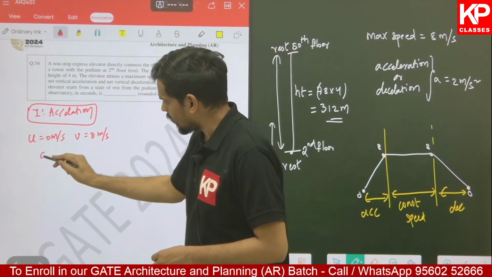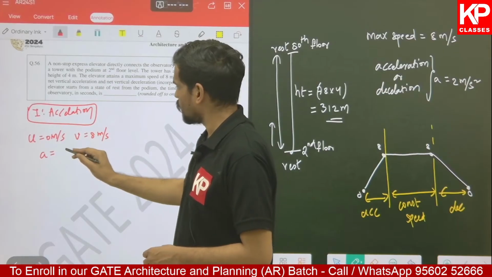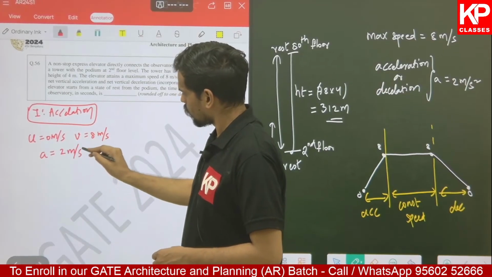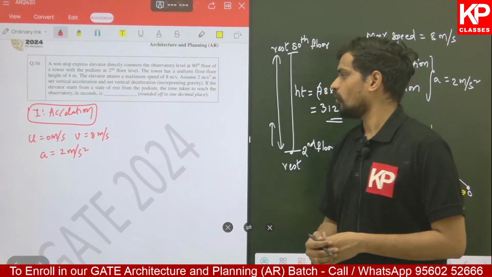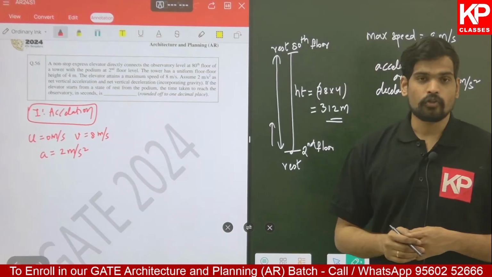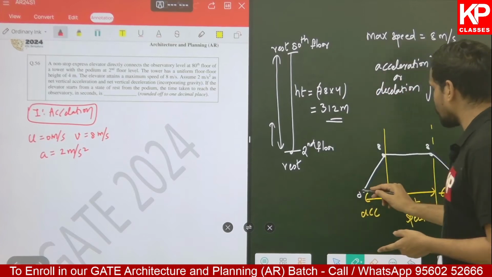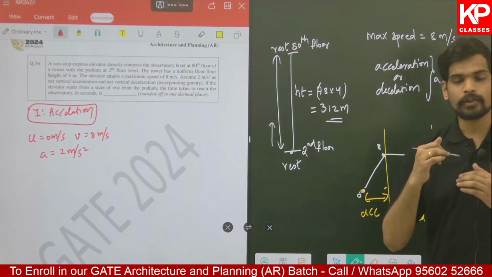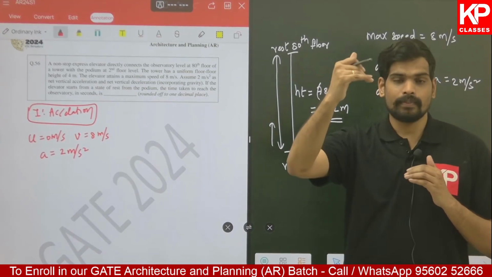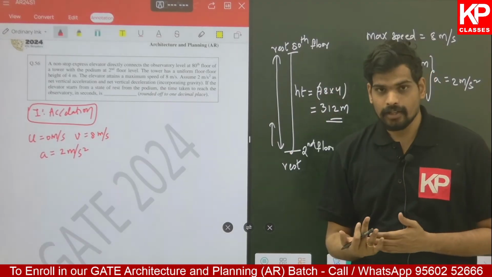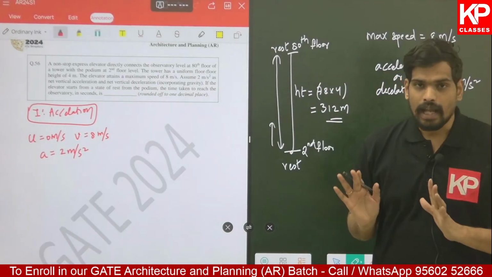The net acceleration is given as 2 meter per second square. What do you need to know? You need to know how much distance the lift covered and how much time it has taken in reaching from 0 to 8 meter per second.